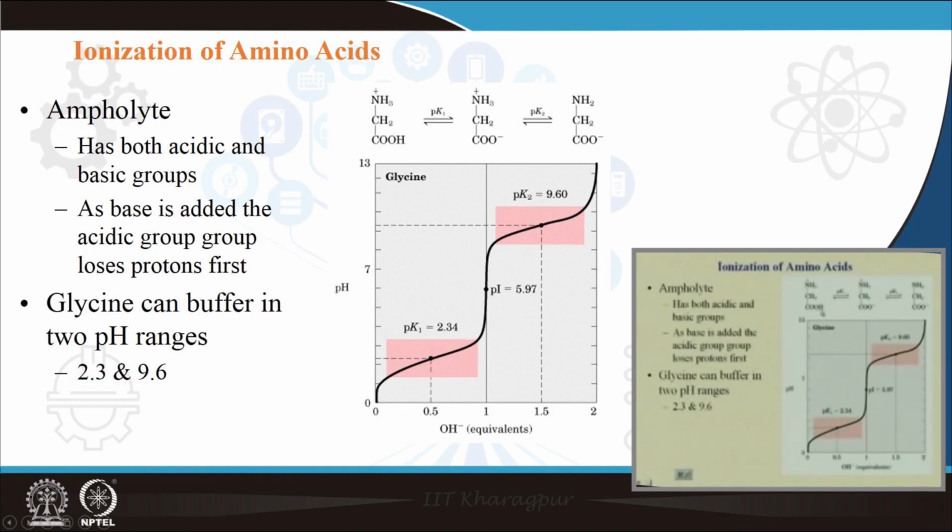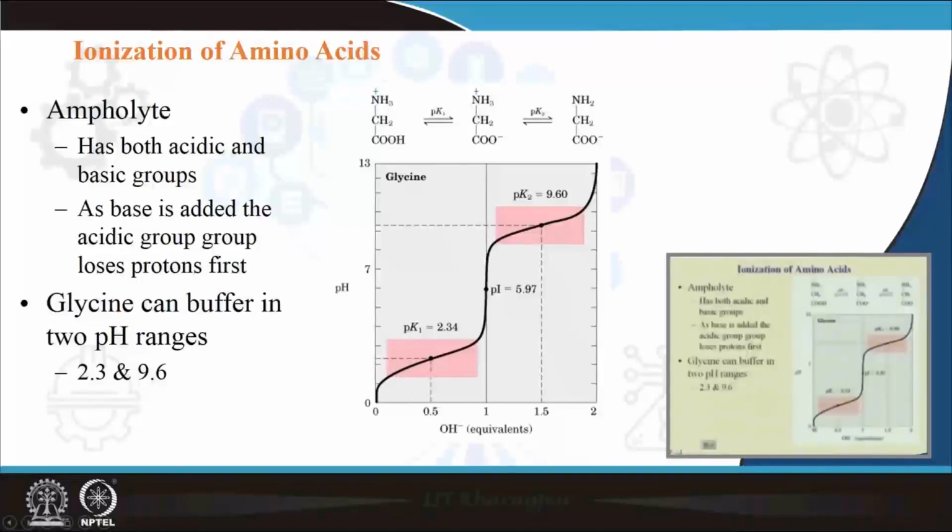So I have COOH and NH3 plus. Is that clear? Now, what am I doing? I am abstracting H plus. How? By adding OH minus. So if I add OH minus, I abstract protons. So there is a dissociation immediately.